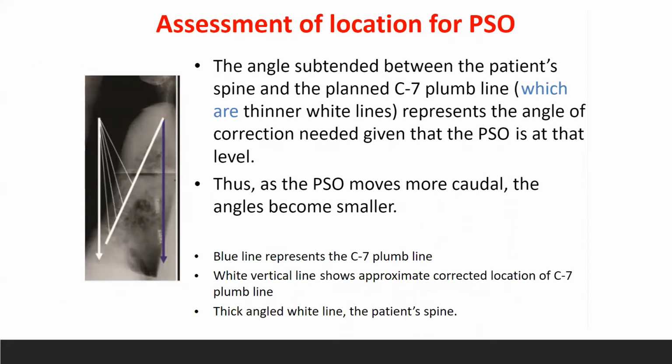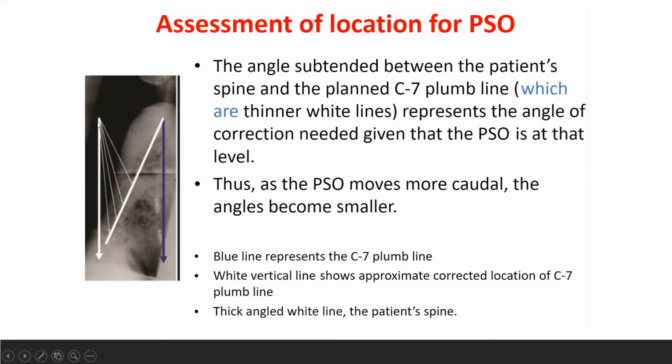So how do you decide the location of these osteotomies? Draw the C7 plumb line, draw a line along the patient's spine and measure this angle. Then draw the corrected plumb line, which should pass through the posterior superior part of S1.